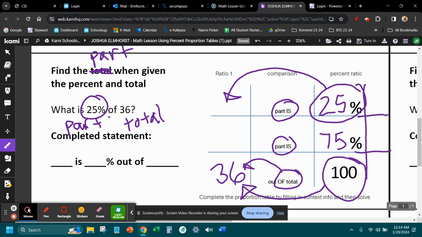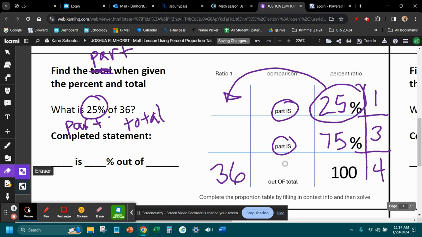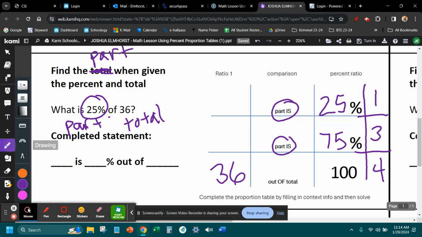What can 25 and 100 be simplified to? 1/4. 25% is 1/4, and here's the other missing part. So 1 and 3 together make up 4, so we got 1/4. So I'm going to take these factor comparisons out and now look at the simplified one.